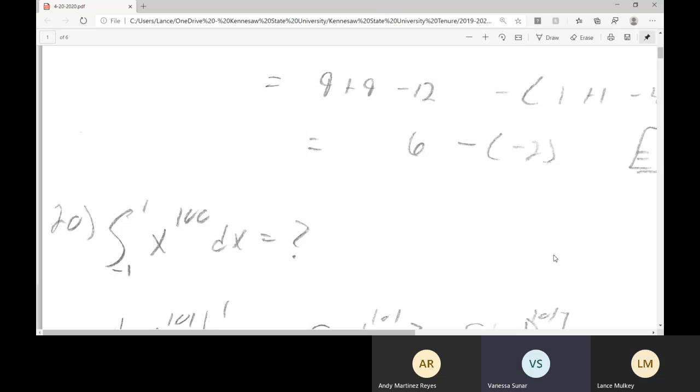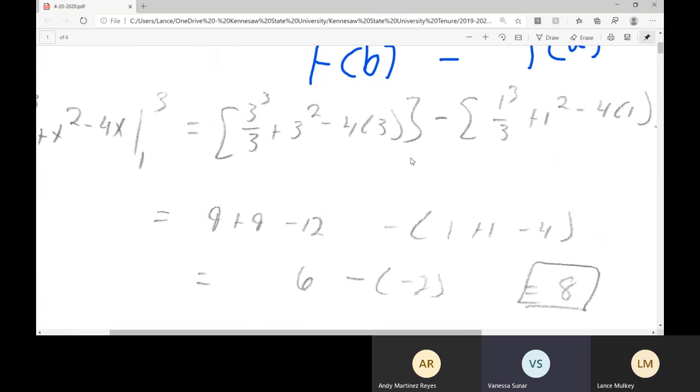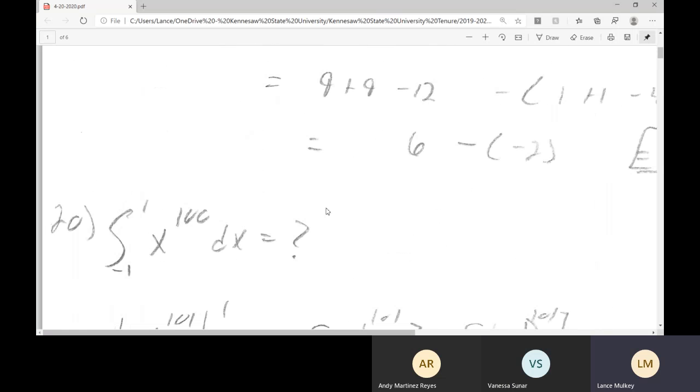Do you mind scrolling up a little bit? Oh, okay. Yeah, you could do that. Yeah, that's just me plugging stuff in. I really wish that tablet would have worked. 1.01 to the 100th power is 2.7.